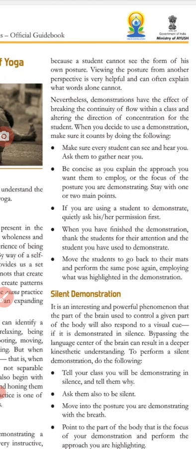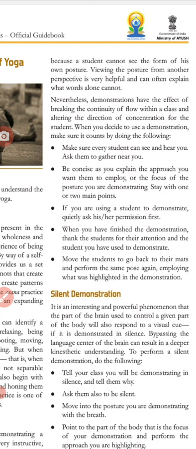Demonstration has the effect of breaking the continuity of flow within a class and altering the direction of concentration for the student. When you decide to use a demonstration, make sure it counts by doing the following. Make sure every student can see and hear you. Ask them to gather near you.